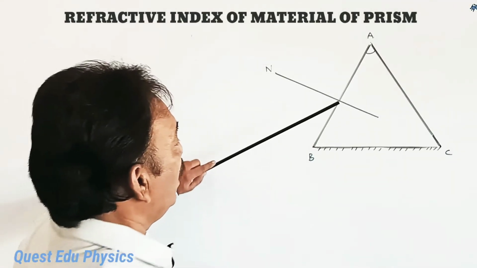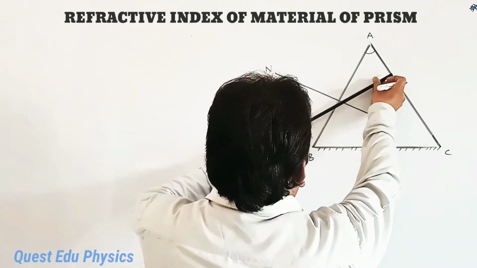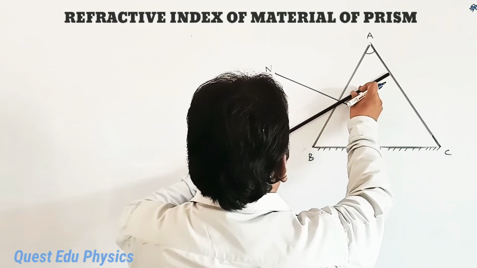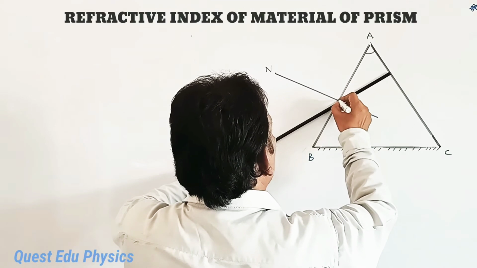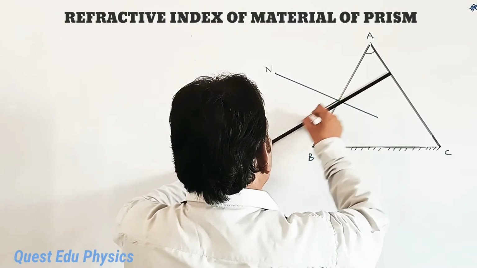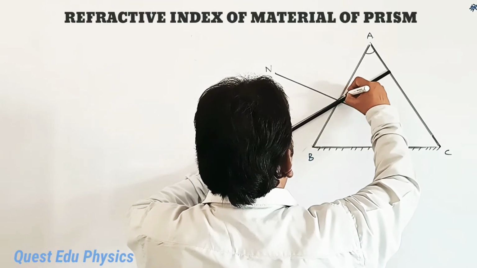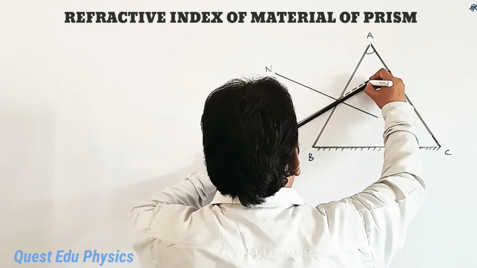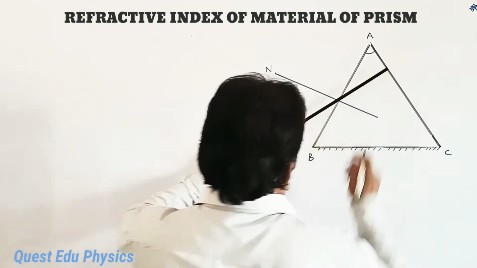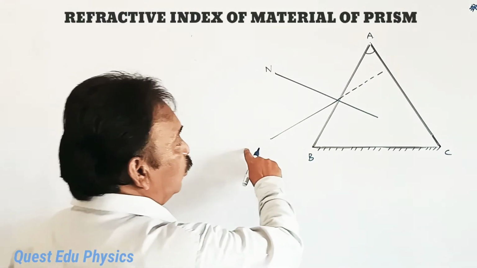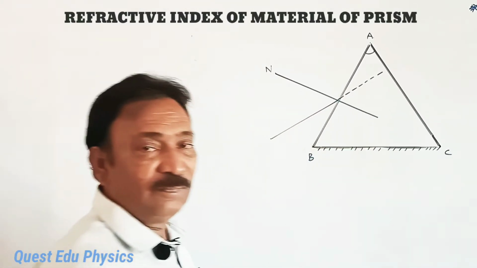Then we make a light ray fall on the prism, making a certain angle. It is the actual path of the light ray, what I am showing. Actually, light would pass in this direction, students.